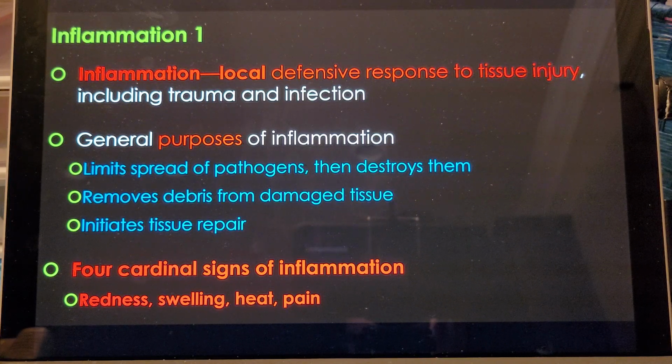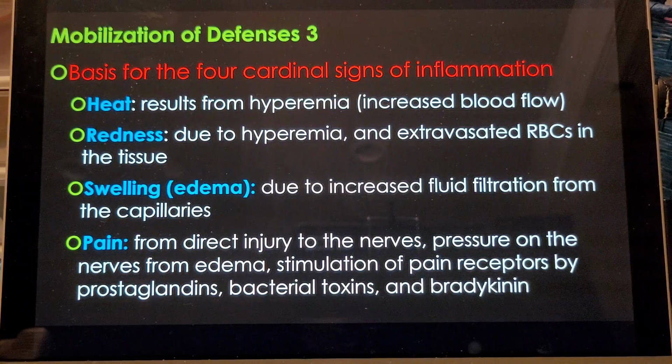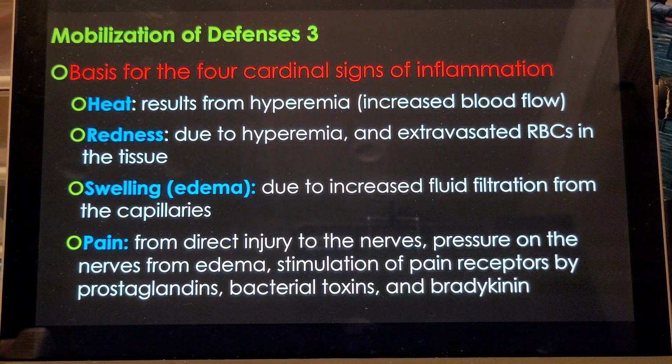So we have 4 cardinal signs of inflammation: redness, swelling, heat, and pain. Here are the bases of them. Heat is from an increase of blood flow. That increase of warm blood to that area is going to make it a little bit warmer. If you ever had a cut or an insect bite, and of course you got to scratching and got some bacteria in there, that small area where the bite was, which is now infected, is a little bit warmer than the other parts of your body surrounding it.